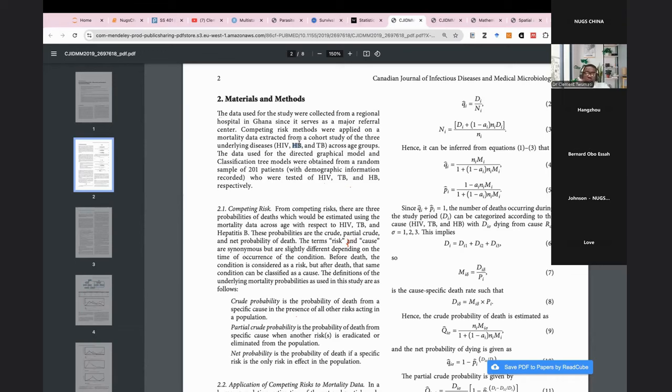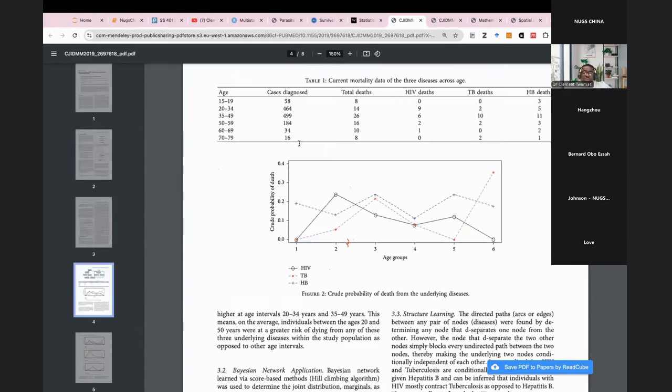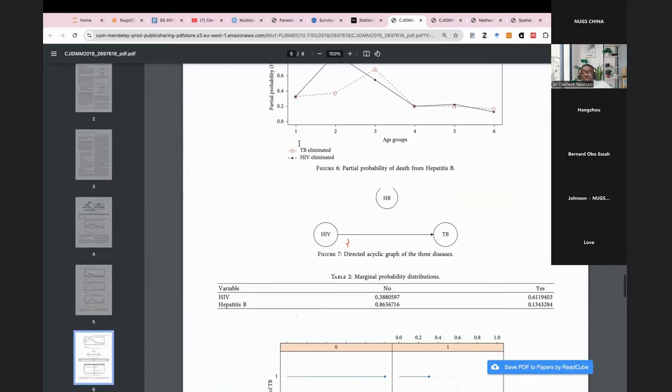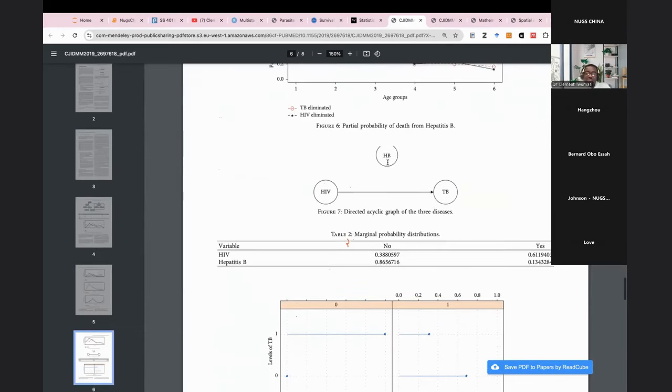So one of the ways for me to visualize that was to use something called a Bayesian network, or directed acyclic graph. I used a network analysis to check whether there is a relationship between them. You can see that there's a relationship from HIV to tuberculosis.